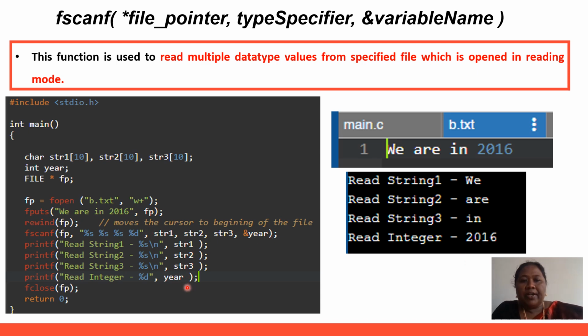Now, when you start printing these variables, you can see the values fetched one by one and printed back. So these are the steps you have to follow. With the help of fscanf, you are performing reading as per this file format. Here fputs is for writing a string, and fscanf is for reading back this particular content, which is a combination of multiple data types.